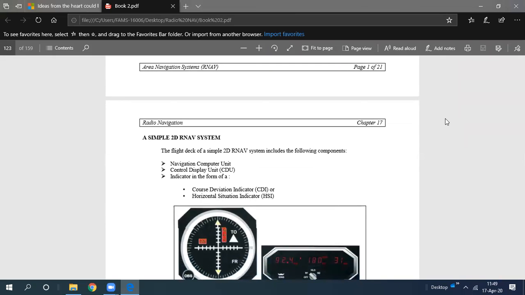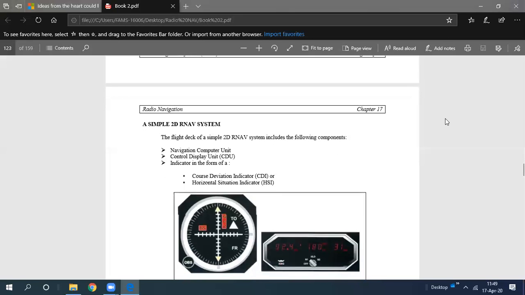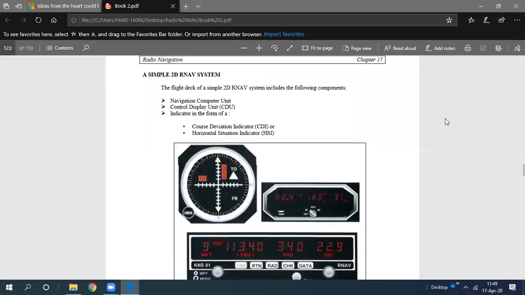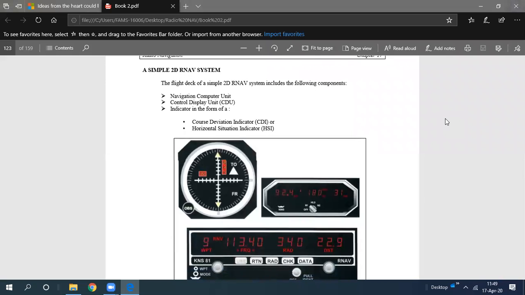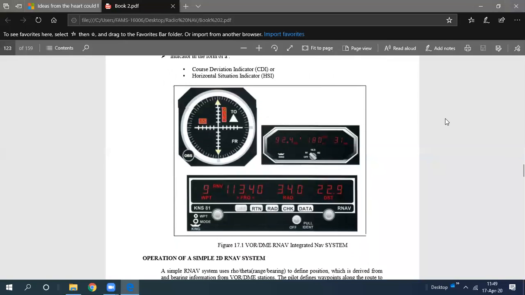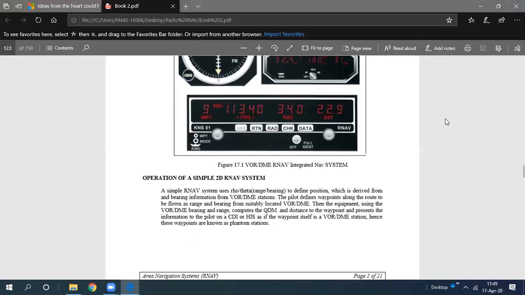The only ground-based navigation item you required to cater for navigation is co-located VOR and DMEs. That means distance and range you used to get from these two particular points.